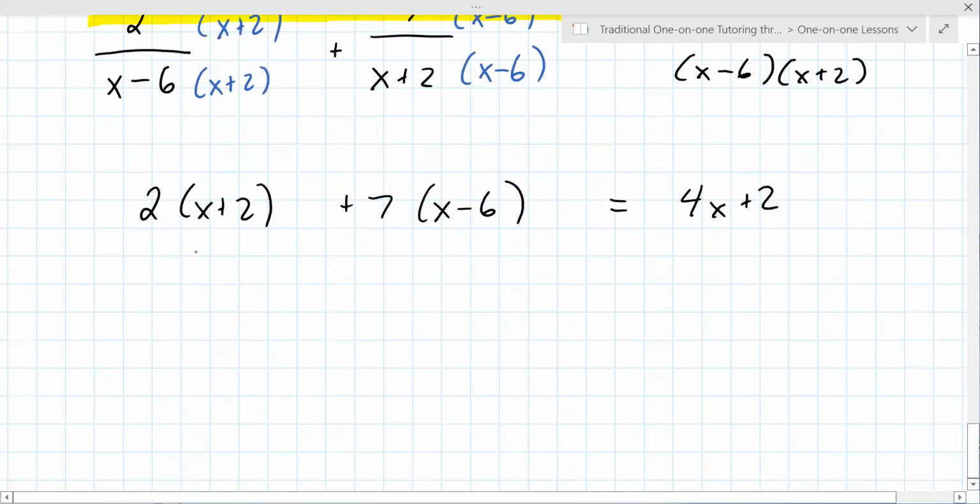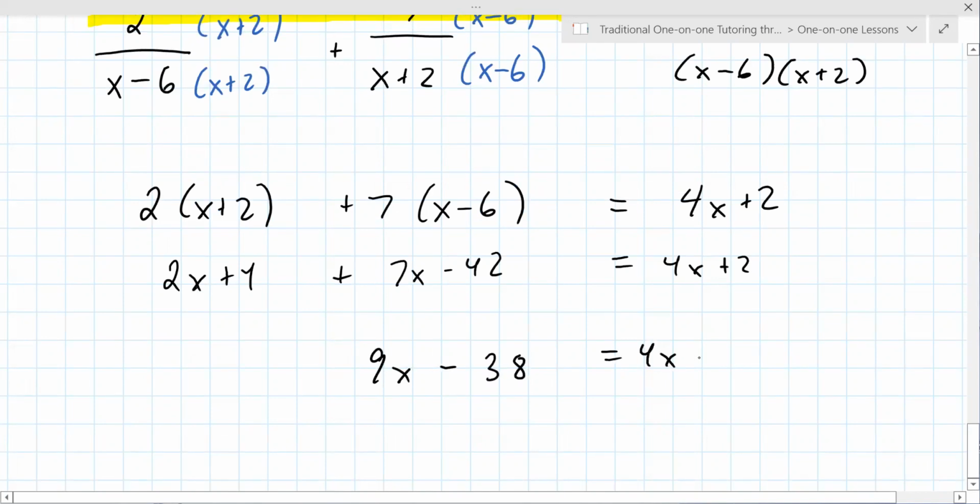All right, so we distribute in: 2x plus 4 plus 7x minus 42 equals 4x plus 2. Combine like terms. Move things around. And you get x equals 8.